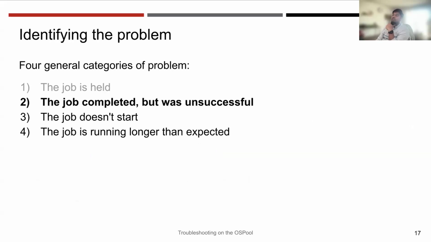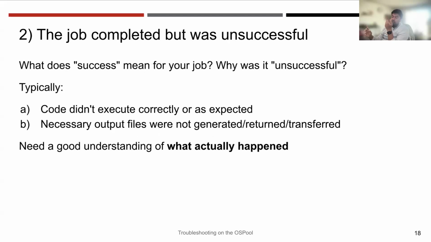But let's look at other cases, like if your job is finished, but you are considering the execution to be unsuccessful. Success very much depends on how you define a successful run.